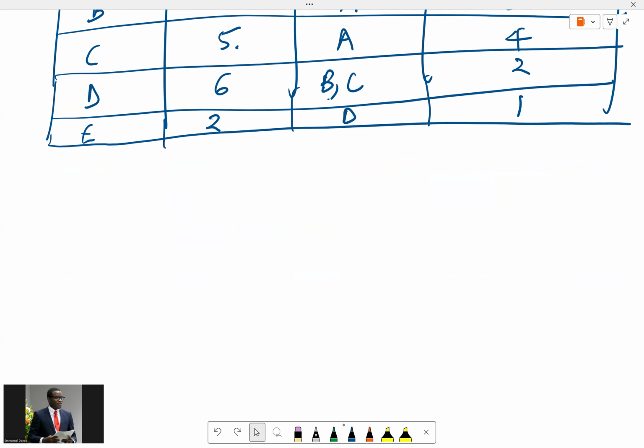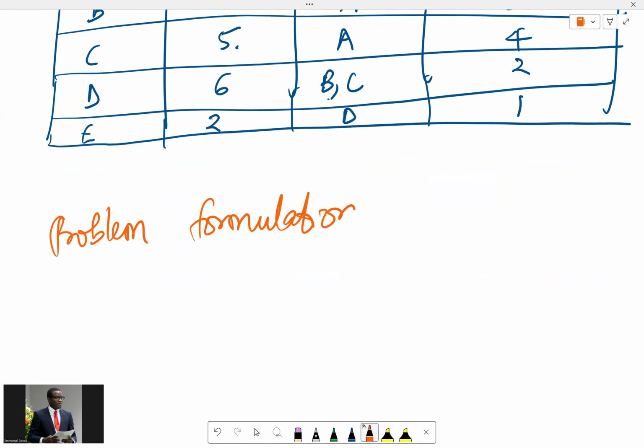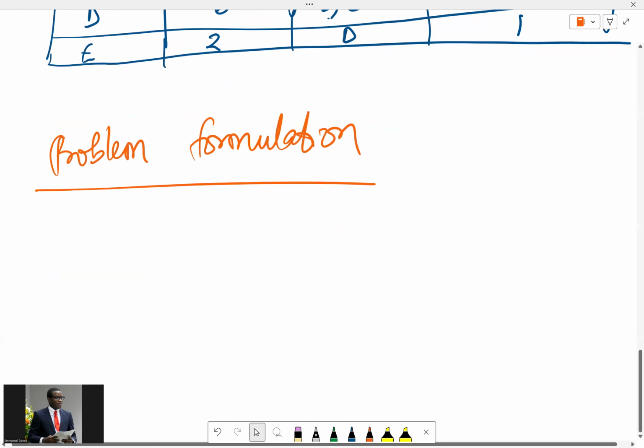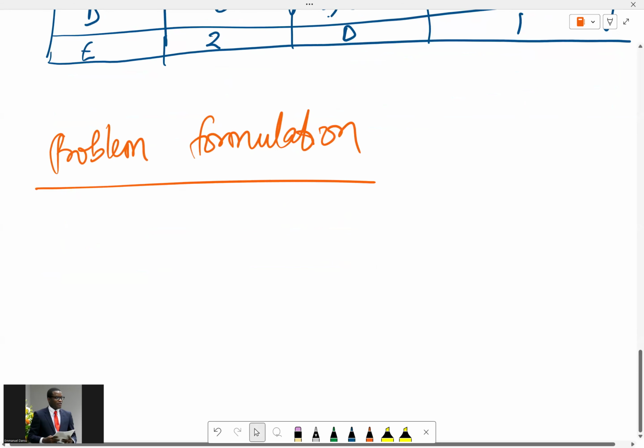Formulating the problem using linear programming. Problem formulation. For a scheduling problem this small, it can be done very easily without going through all this, but I want to establish a format that you can scale up for bigger issues.